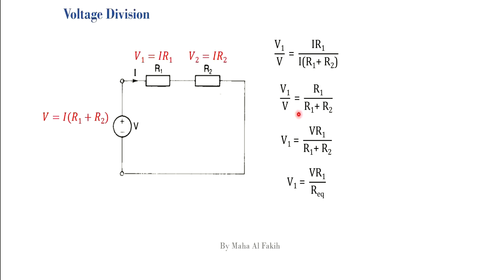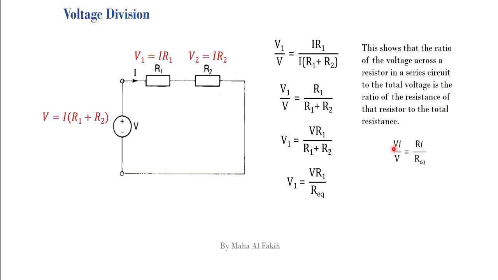Note that the resistors R1 and R2 are connected in series, so R1 plus R2 is equal to the value of the equivalent resistor of both resistors. This is simply the voltage division rule, where the ratio V1 over V is equal to R1 over R equivalent.